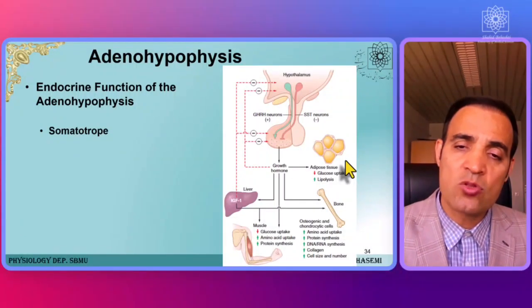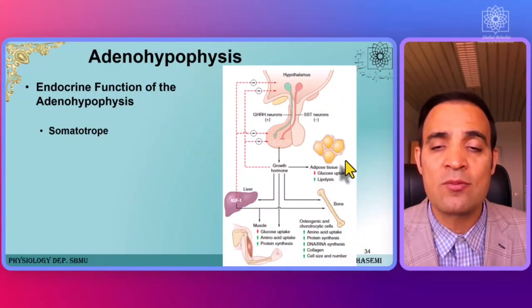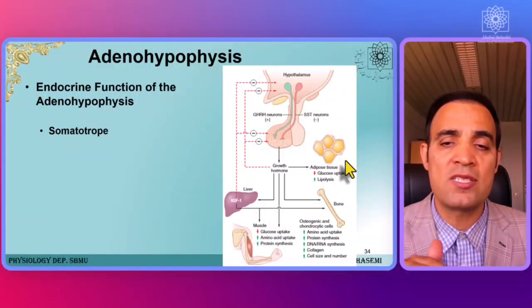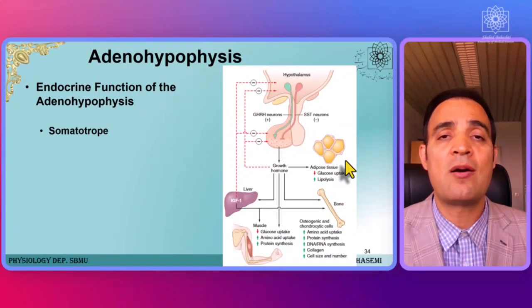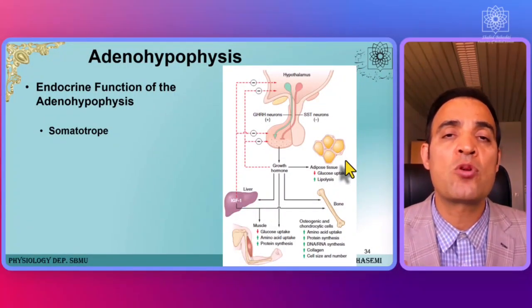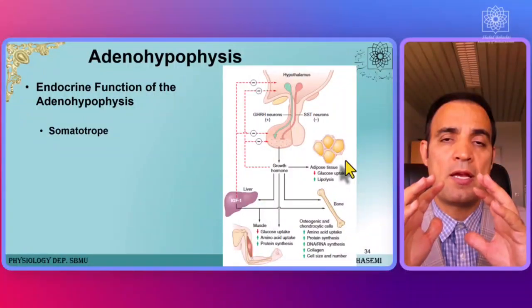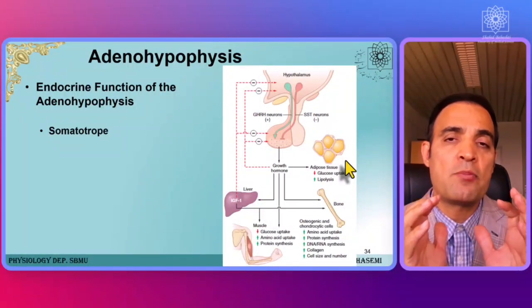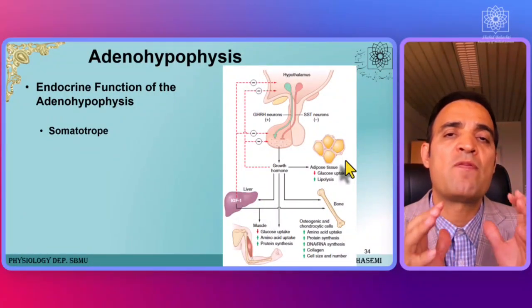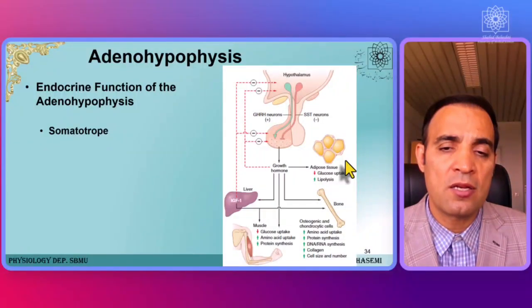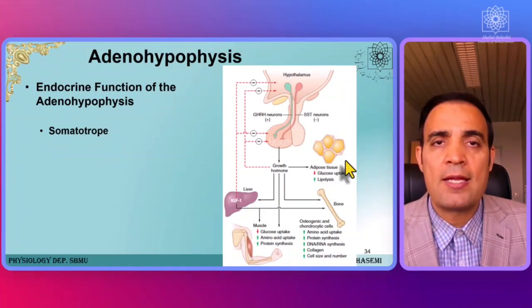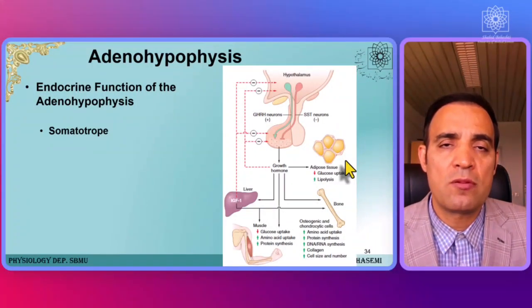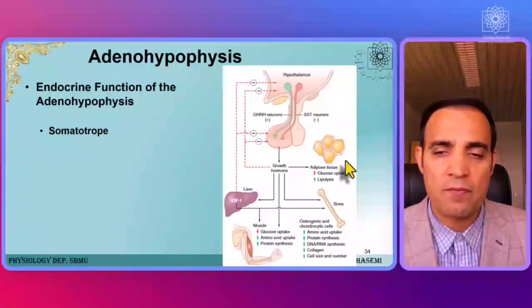On the other hand, growth hormone itself directly stimulates the muscle cell to decrease glucose uptake, increase amino acid uptake, and increase protein synthesis. Therefore, it is anabolic. It prevents the catabolism of protein in the muscles. Therefore, it helps the muscle to be enlarged, hypertrophied.